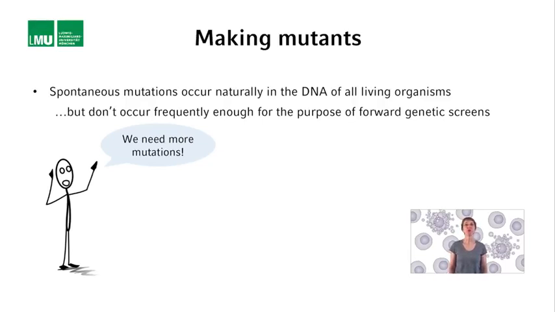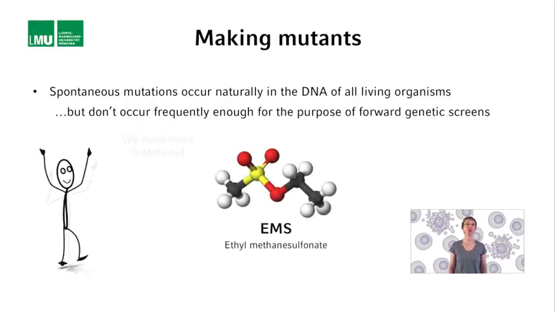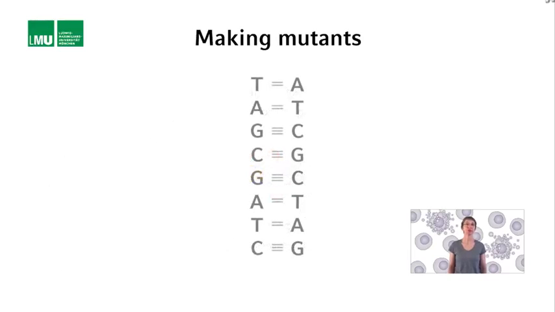For the purpose of a genetic screen, worms are therefore treated with mutation-inducing compounds, such as the alkylating compound ethyl methane sulfonate, or EMS. EMS reacts with guanine, one of the 4 nucleotides that form DNA, and generates the abnormal nucleotide O6-ethylguanine.